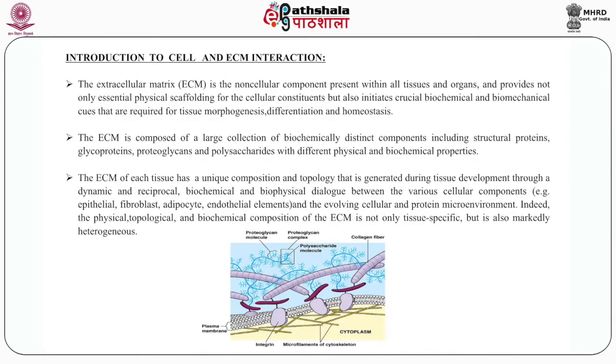Now, starting with the introduction about the ECM. The extracellular matrix is the non-cellular component present within all tissues and organs, and provides not only essential physical scaffolding for the cellular constituents, but also initiates crucial biochemical and biomechanical cues that are required for tissue morphogenesis, differentiation, and homeostasis.